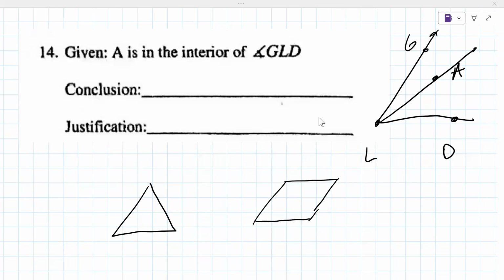So our conclusion here is that the measure of angle BLA plus the measure of angle ALG, basically this first one plus the second one, equals the measure of the big one.